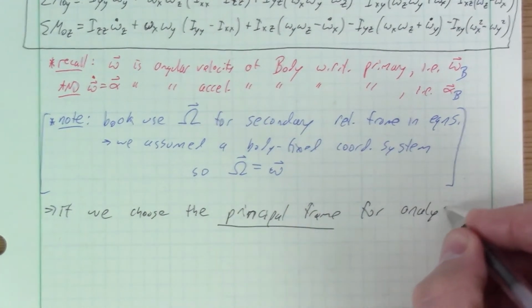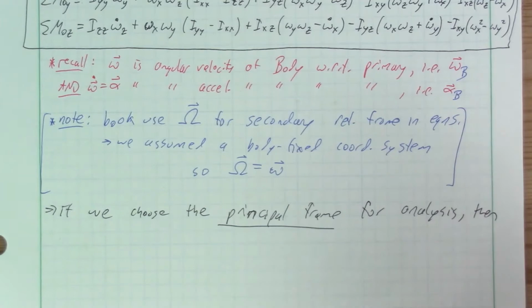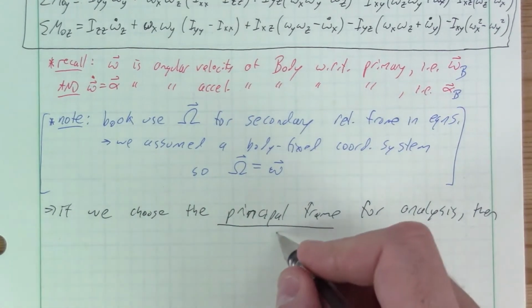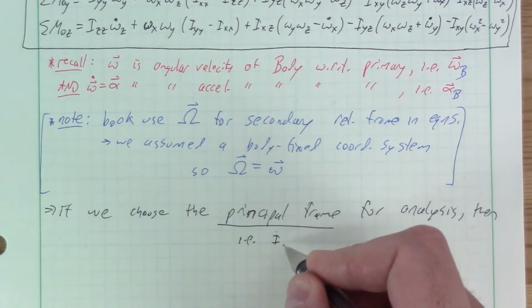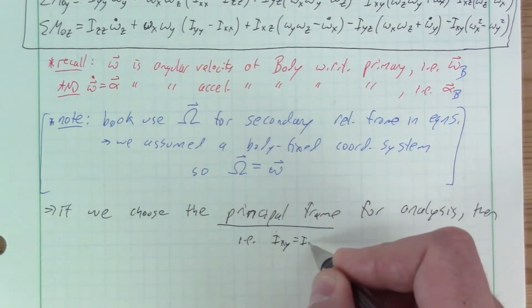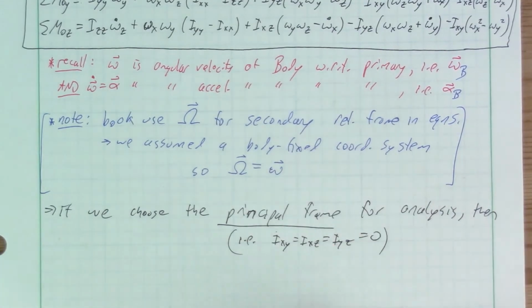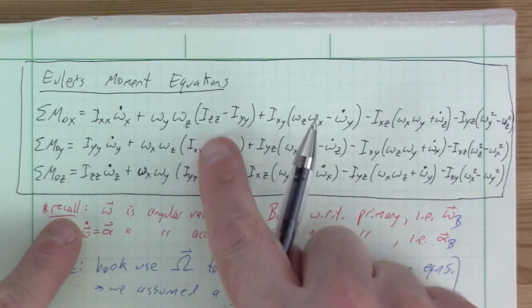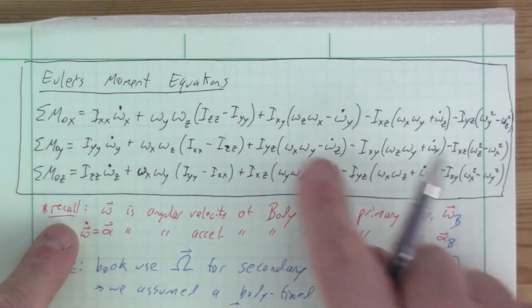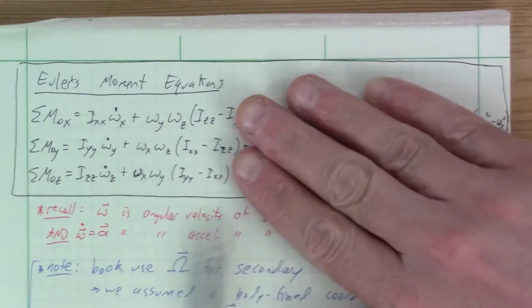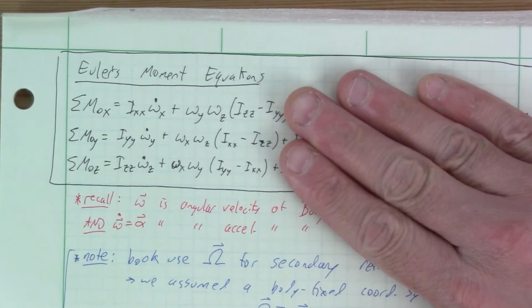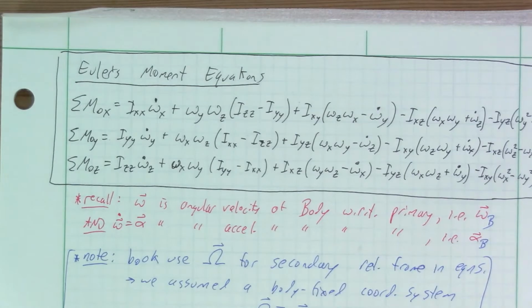If we can do that for our analysis, then remember all of this means that our products of inertia, Ixz, Iyz, all of them are 0. Look at how many are 0. None of these first, but that's 0, that's 0, that's 0. That all goes away. In fact, I don't even need to rewrite it.